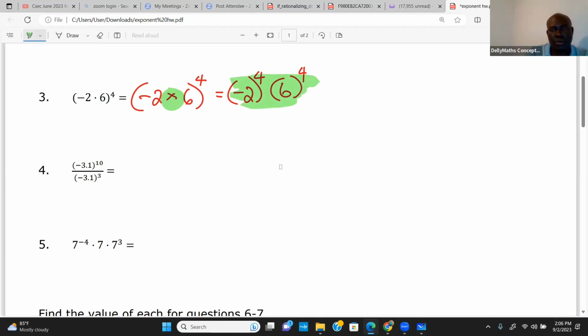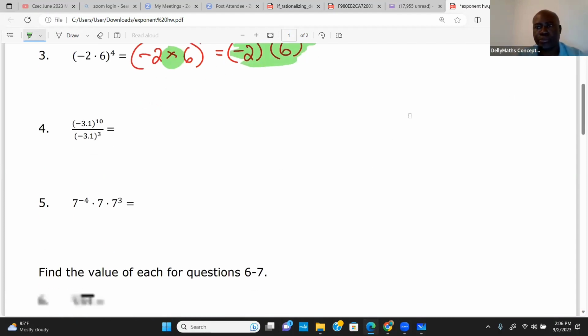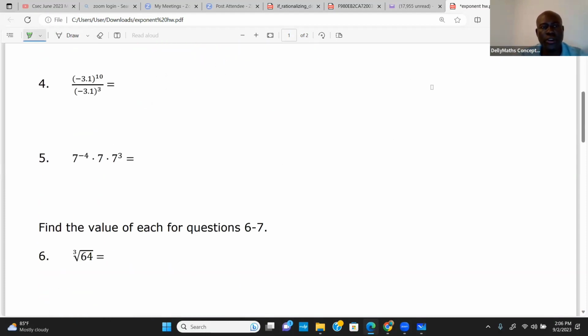Let's take a look at number 4. So for number 4, let me quickly rewrite what we have. We're looking at -3.1, and this is raised to the 10th, and we're dividing this by -3.1, which is raised to the 3rd.